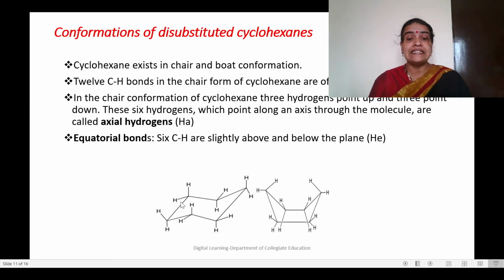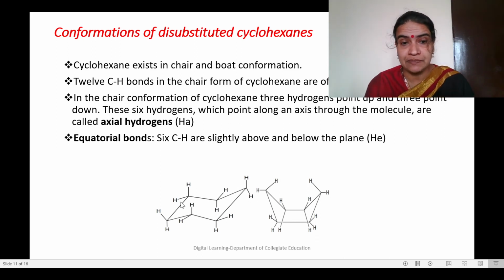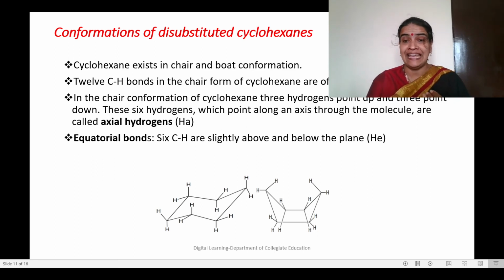So we have 6 axial hydrogen atoms in cyclohexane as well as 6 equatorial hydrogen atoms. So there are 2 different types of hydrogen atoms, and the incoming substituent can occupy either the axial or the equatorial position.